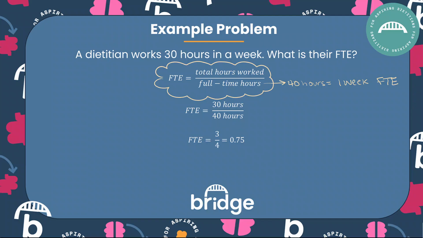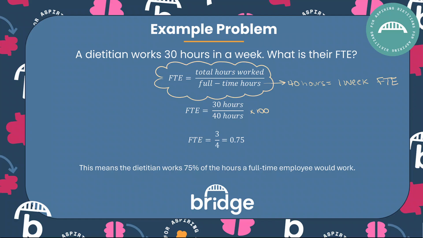And remember, FTE is closely linked with percent. So if this problem asked for a percent, like what percentage of work does this dietitian do compared to a full-time dietitian, we'll use the percent equation, which is actual outcomes divided by total outcomes multiplied by 100, because percent means of 100.